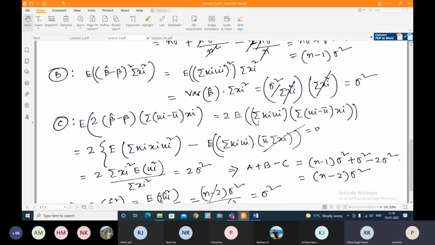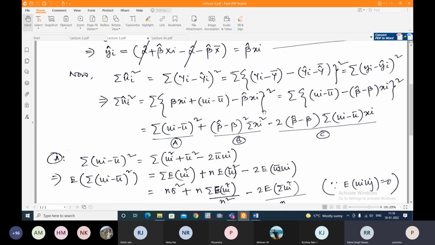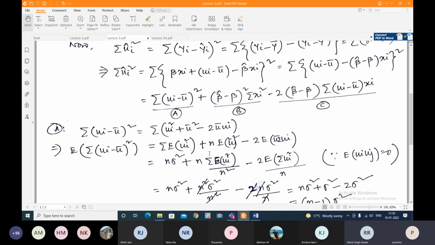Now, what have we done for the first component? The first component is basically summation of ui minus u bar whole square. This can be rewritten as a square plus b square minus 2ab.